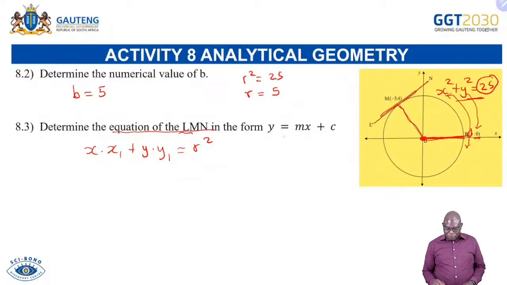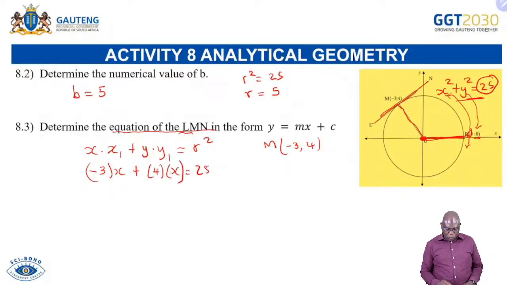Let's see. The M point is given as minus 3 and 4. Substitute. Minus 3 times x plus 4 times y equals 25. So I've got 4y equals, transposing the minus 3x, it becomes positive 3x, and 25 is still positive.